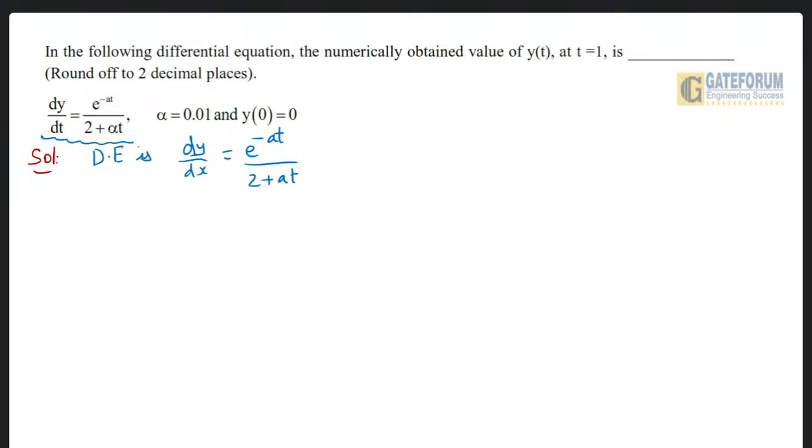It is alpha notation here, a printing mistake, so it is better to write alpha notation here also.